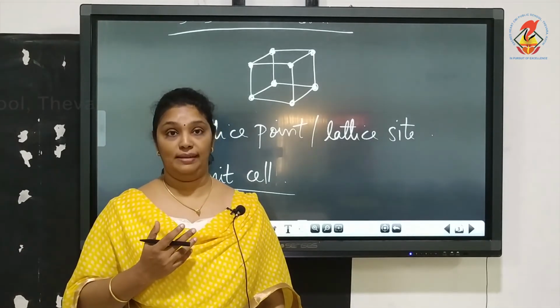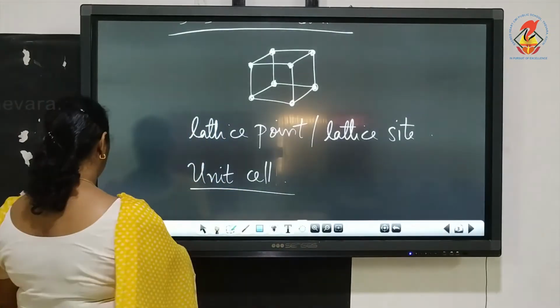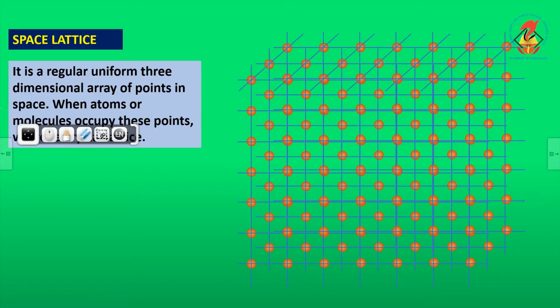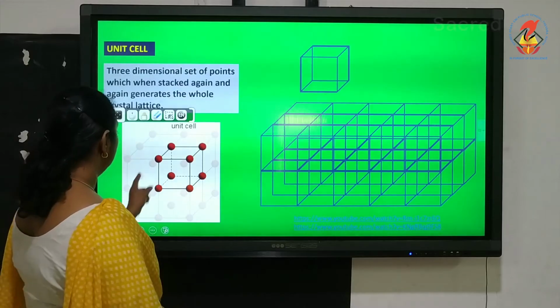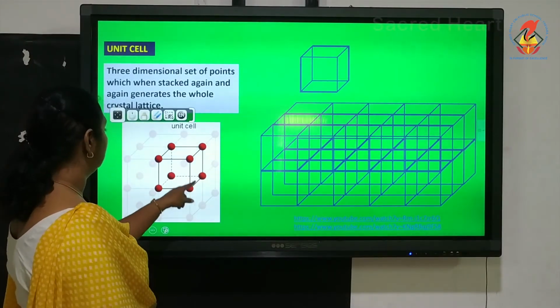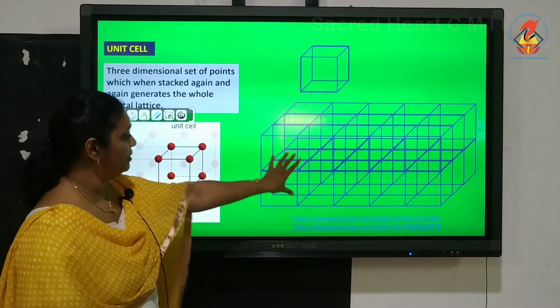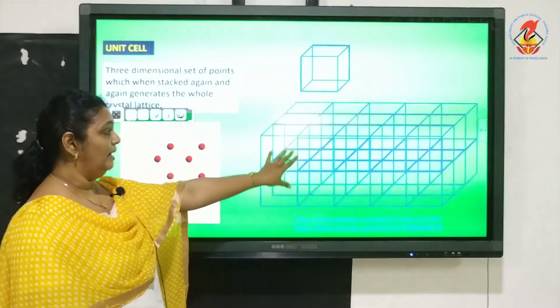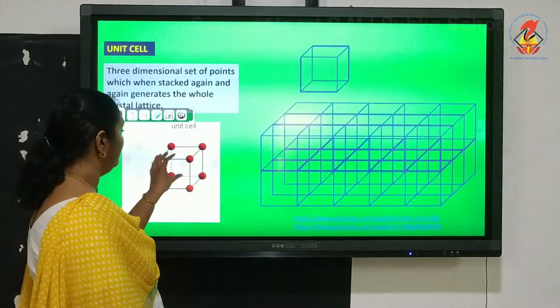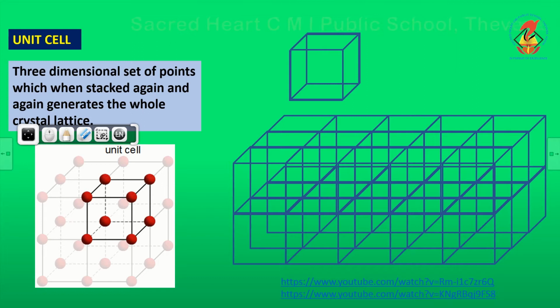That is a unit cell. And you can see here, this is the picture of a crystal lattice. This is a unit cell and this is a crystal lattice, and a large number of unit cells joined together form the crystal lattice or space lattice.